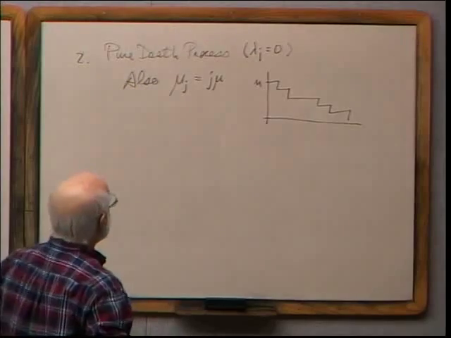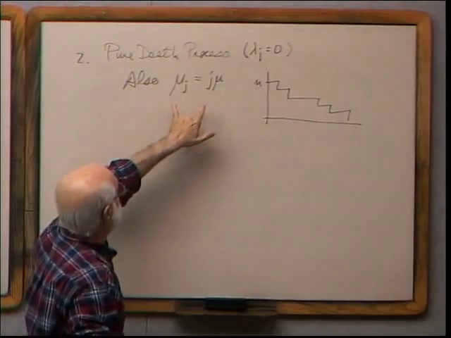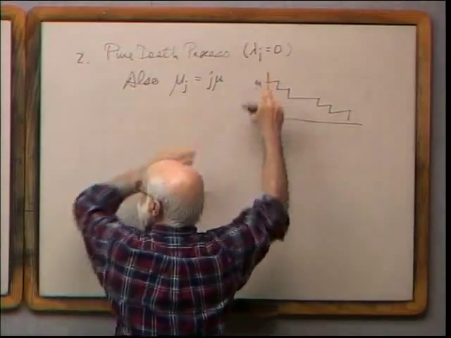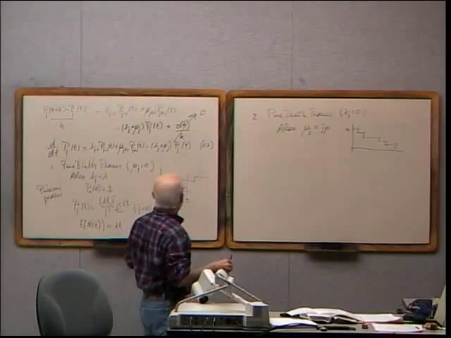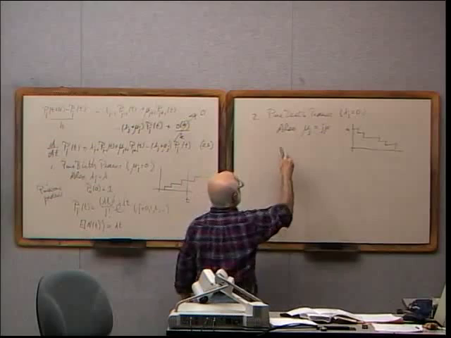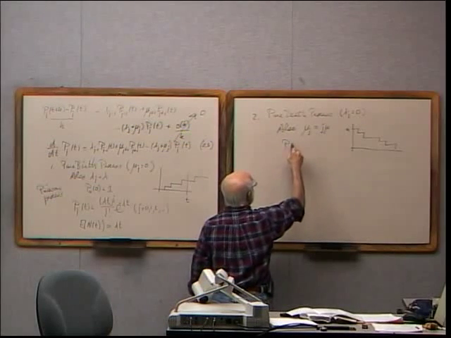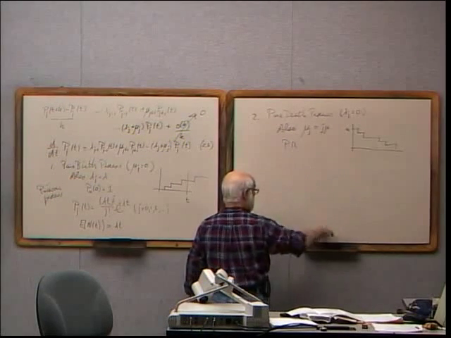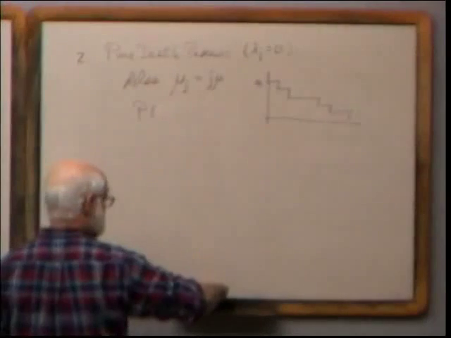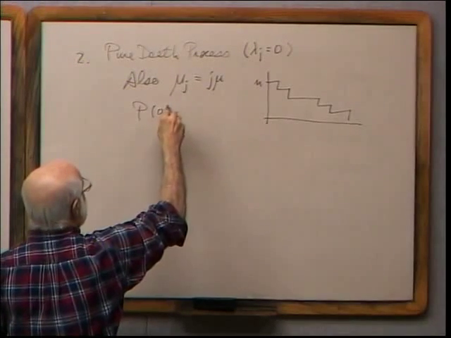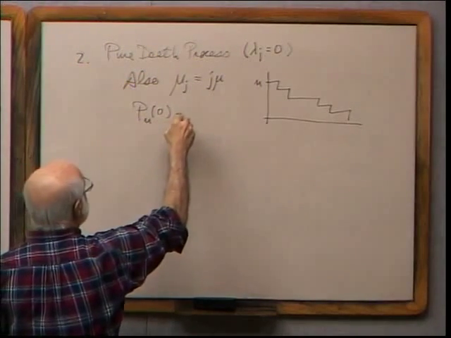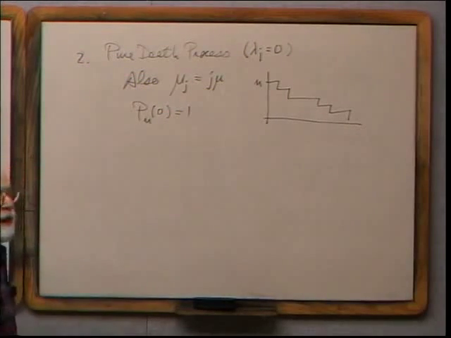Now we plug these values into the equations 2.3, just like before when we solved them. And now we have an initial condition which says that the probability that at time 0 I'm in state n is 1, and therefore the probability of being in all the other states is 0.